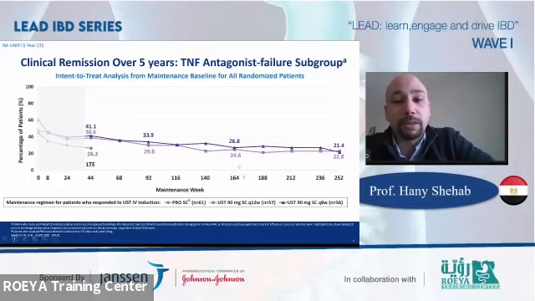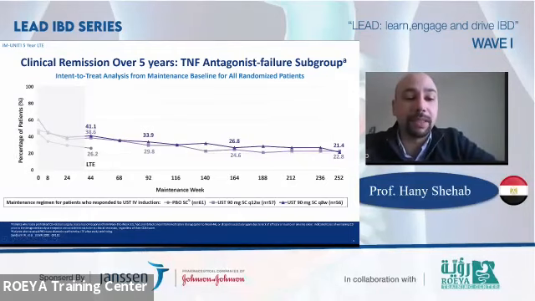We're still not sure about this point. I'm sure we need well-designed studies to reach this conclusion. But so far, what we know is that TNF antagonist failures do have a worse outcome than those who did not take a TNF alpha before.